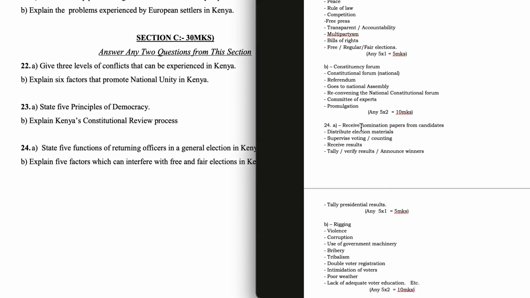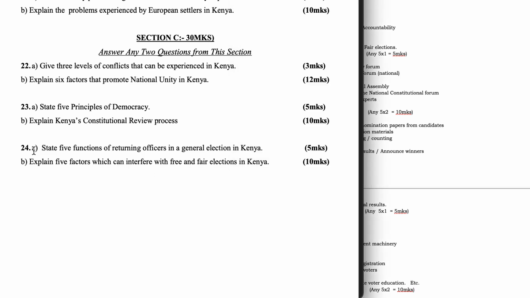The returning officers: to receive nomination papers from candidates, distribute election materials, supervise voting, supervise counting, receive results, tally or verify results, announce winners, tally presidential results. Question 24b.